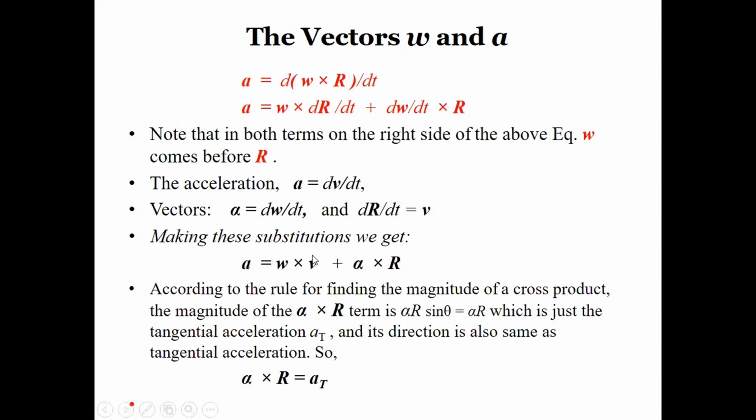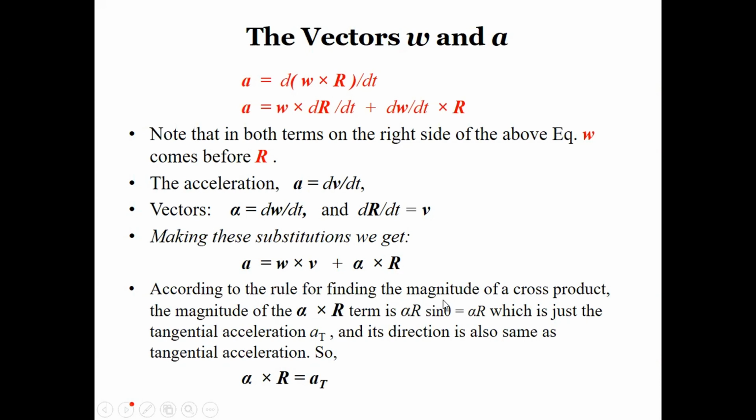So making these substitutions, we get the total acceleration as omega cross v plus alpha cross r. Omega is the angular velocity, and v is the tangential velocity. Alpha is the angular acceleration, and r is conventionally the radius for the point P.